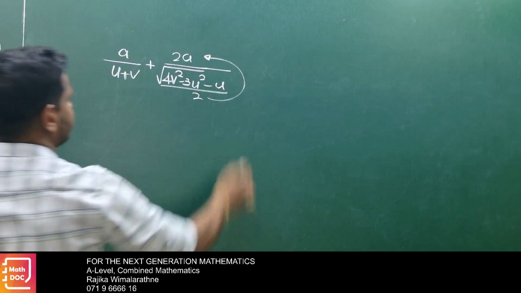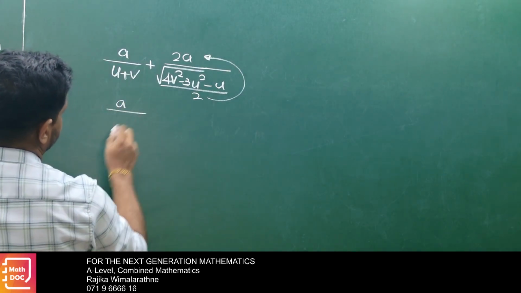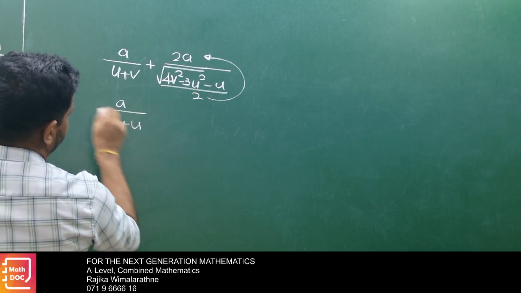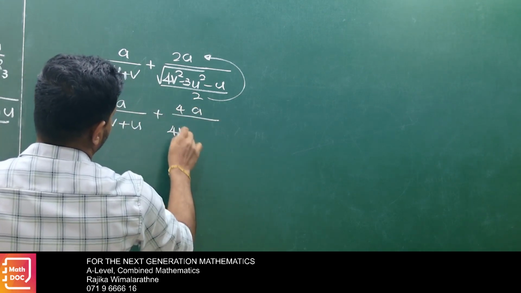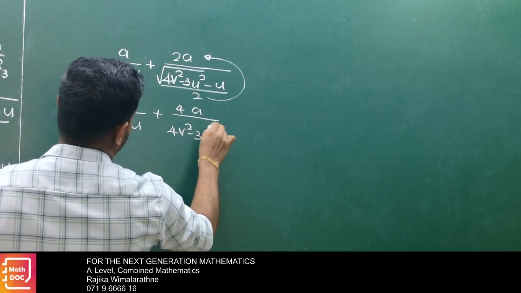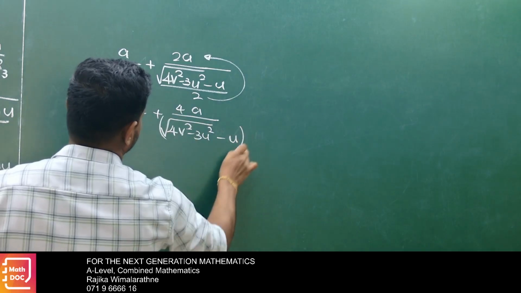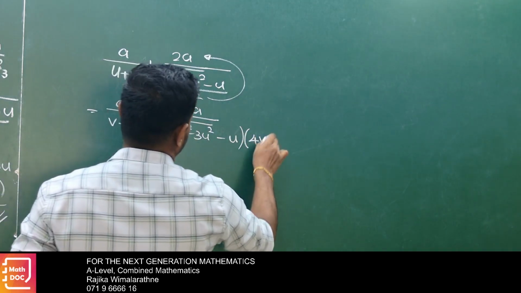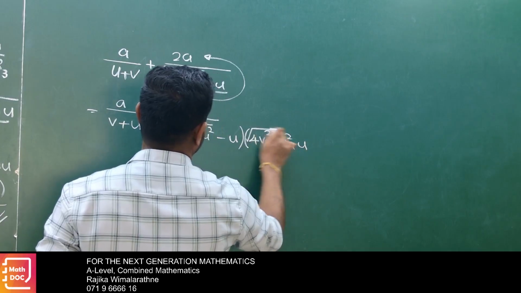Put this here. Then a over v plus u, here 4a over 4v square minus 3u square minus u. Then multiply by the conjugate, 4v square minus 3u square plus u with root.